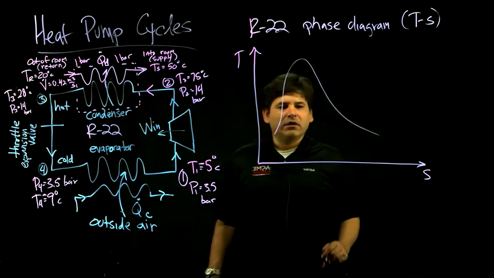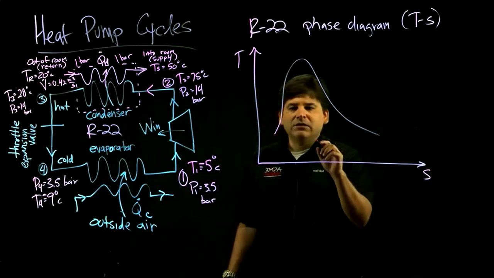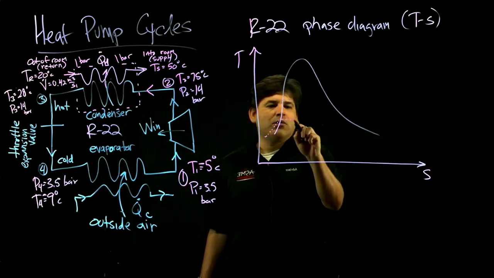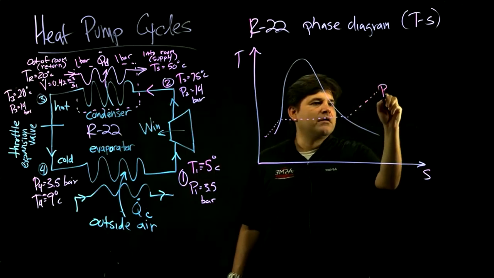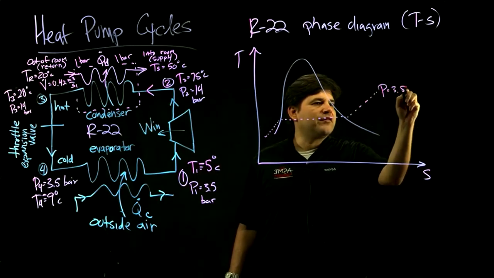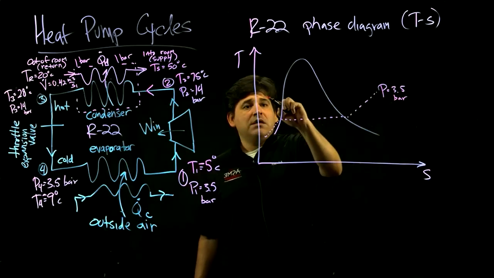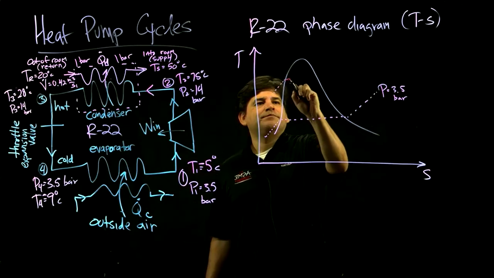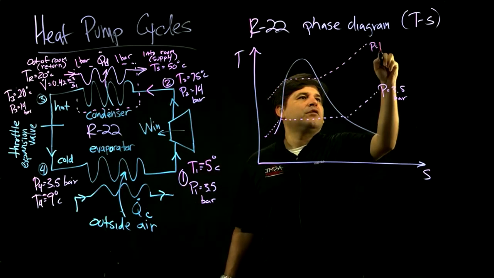And for a heat pump, the specific heat pump today, like I was saying, it's going to operate around a low pressure branch. So this would be an isobaric line. Everywhere here, the pressure is 3.5 bar on this line. And there's a higher pressure branch where everywhere on this line, the pressure is 14 bar.